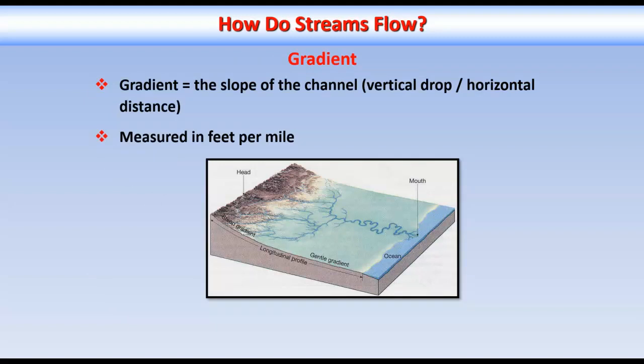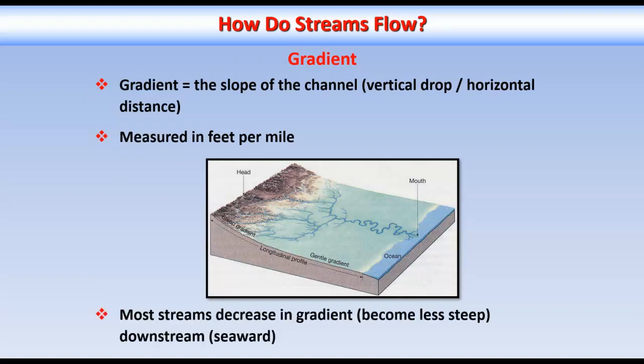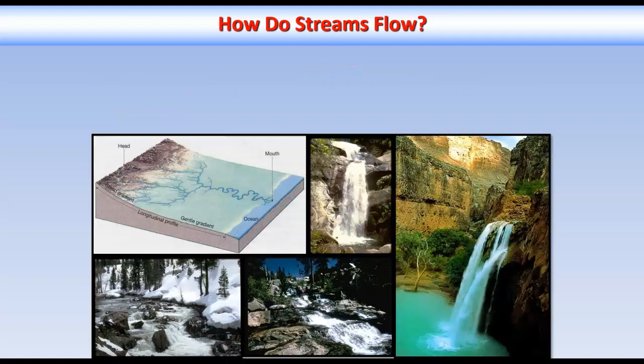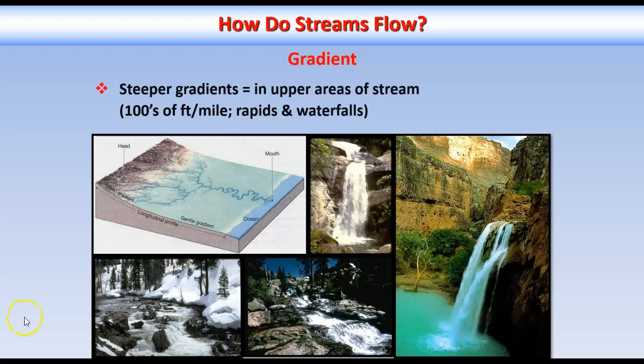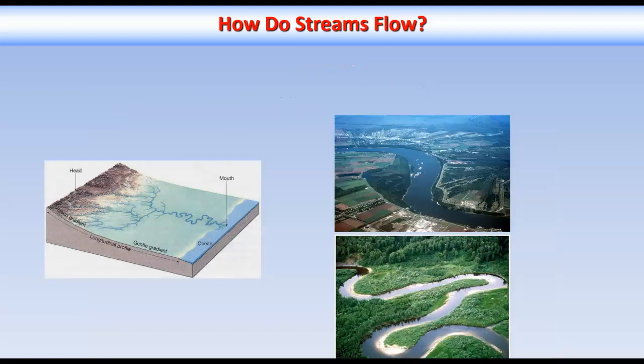So let me just show you a few things here, right? I kind of talked about this already, but we see higher gradients up here, lower gradients down here. We see these straighter stream channels, and we see these more meandering stream channels when we get to these lower gradients. And of course, when we have high gradients, we tend to see waterfalls and fast moving water. We're carving steeper canyons and things like that.